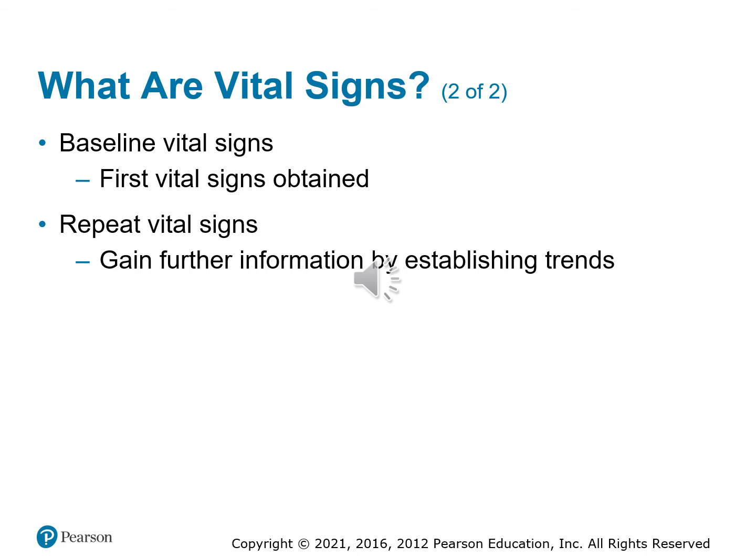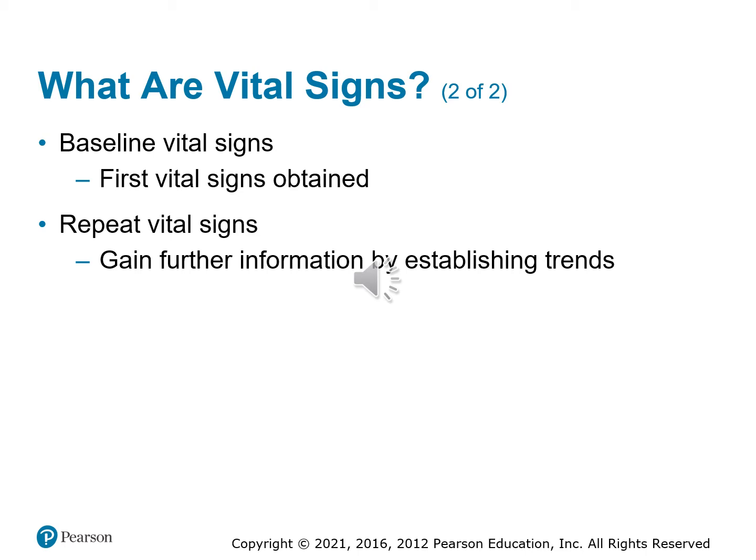Like we mentioned before, that first set of vital signs is going to be your baseline. Hopefully, in a perfect world, your patient's vital signs fall within or pretty close to normal ranges. But more times than not, if they call the ambulance, they are going to have at least one, if not more, vital signs that are abnormal. You're using that first one as your benchmark.